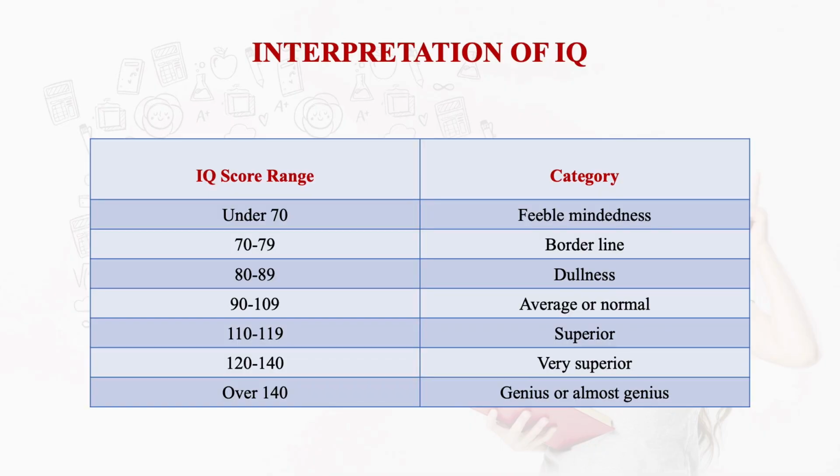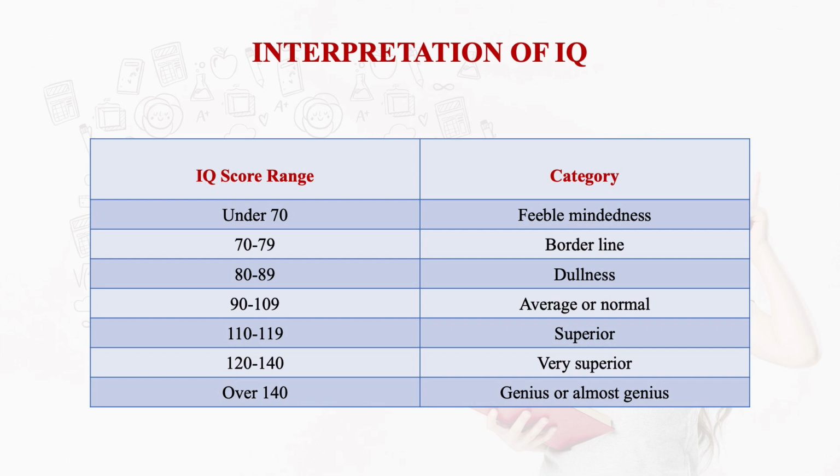Further, so far as interpretation of IQ is concerned, the intelligence quotient score range is as follows. If it is under 70, he or she comes under the category of feeblemindedness. If it is within 70 to 79, it is borderline. If it is 80 to 89, it is dullness. If it is 90 to 109, it is average or normal.